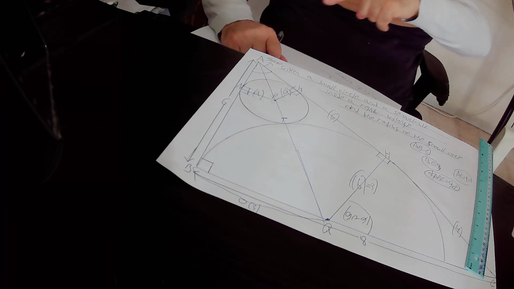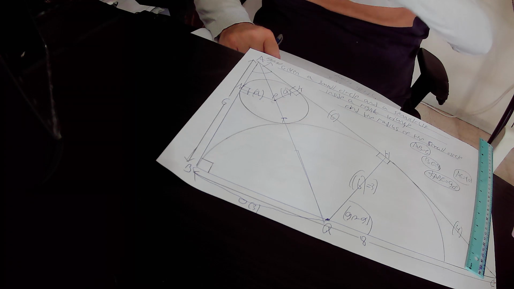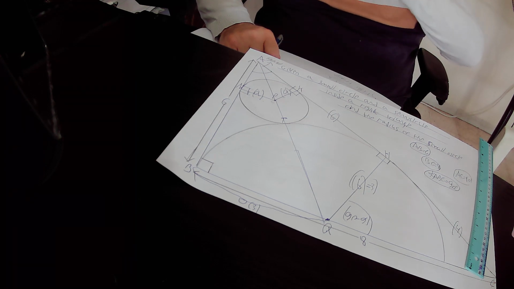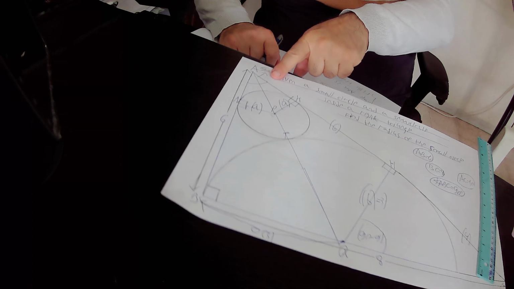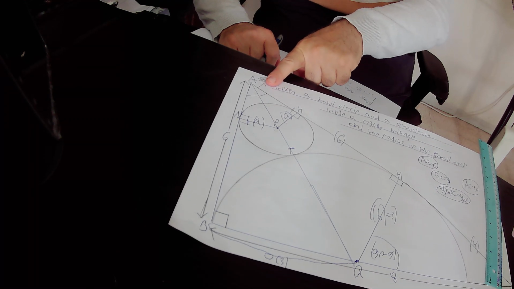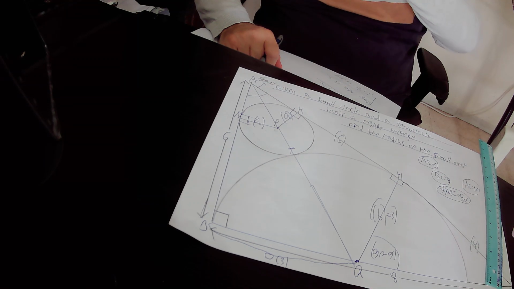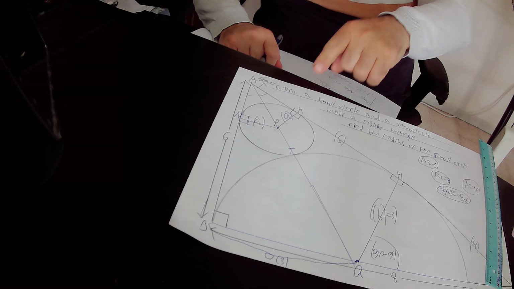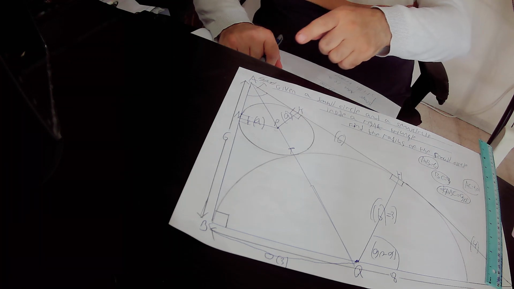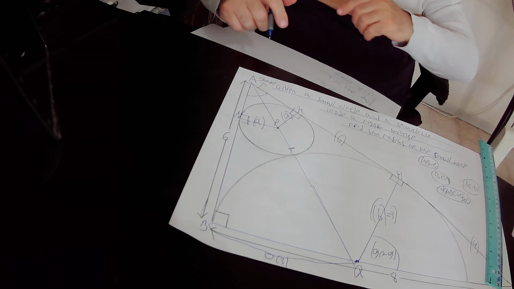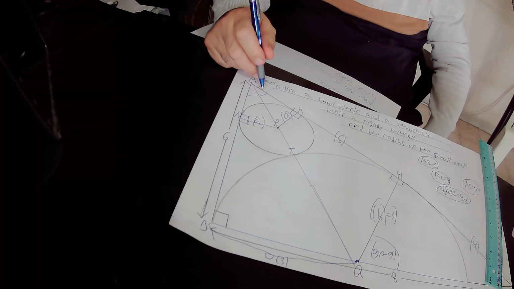So in the right angle ABQ, if we define the size of this angle A as 2 theta, then the angle bisector PA bisects angle A into 2 halves. Each half must be equal to theta.